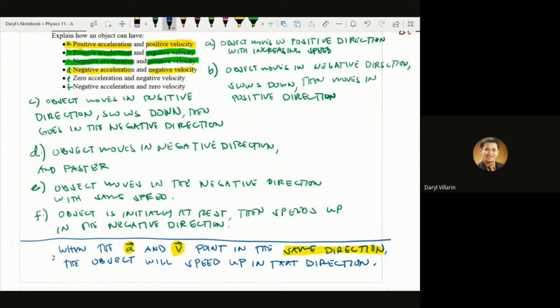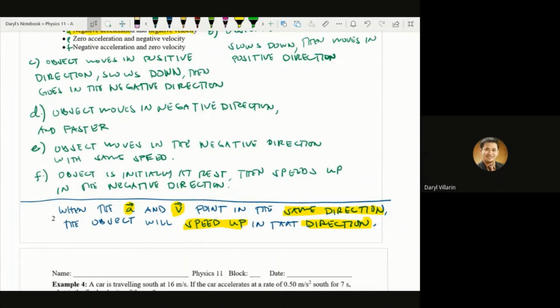Okay, so that means that you should expect that the magnitude of your velocity increases, but for the direction part, well, it depends on the direction of your velocity. Again, that is the first case. You have the same direction of your velocity and the acceleration.